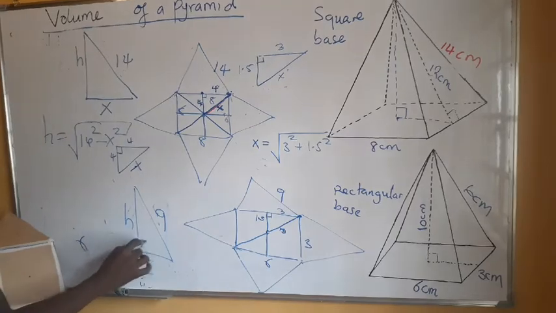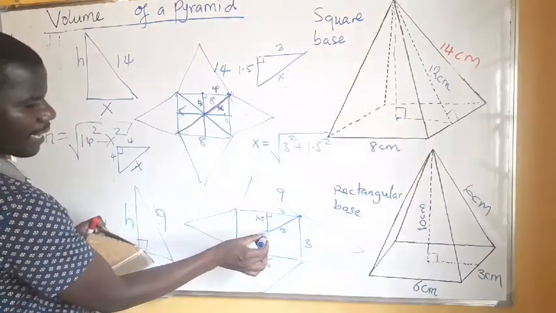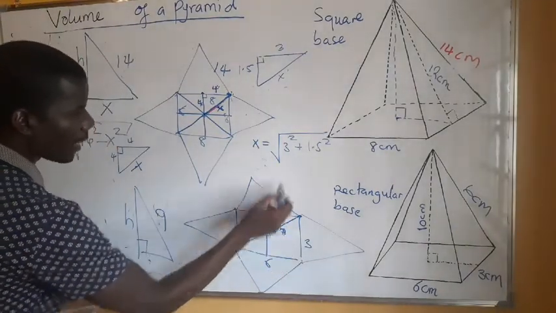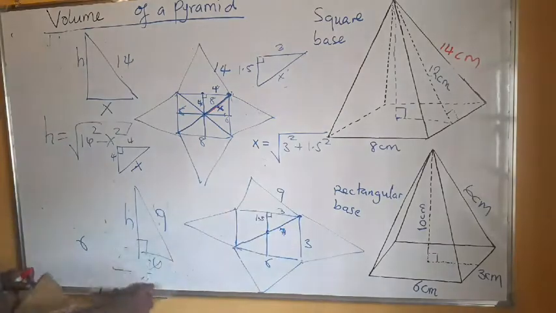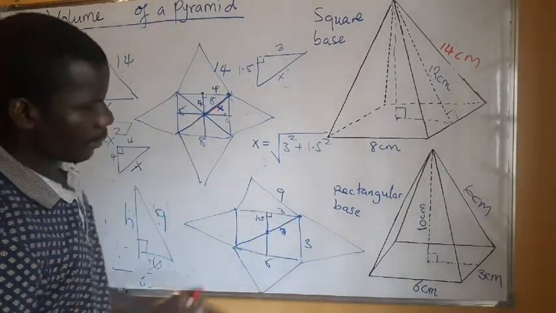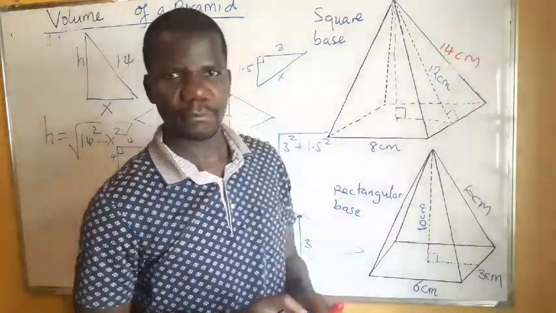H is what we are looking for, which is at this point. Remember? Then the bottom part is what we found here now, when you did this one. Then now you go on. After you have found H, you go back to our formula. It's as simple as that.